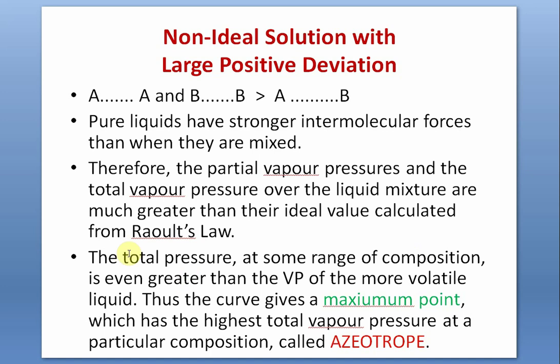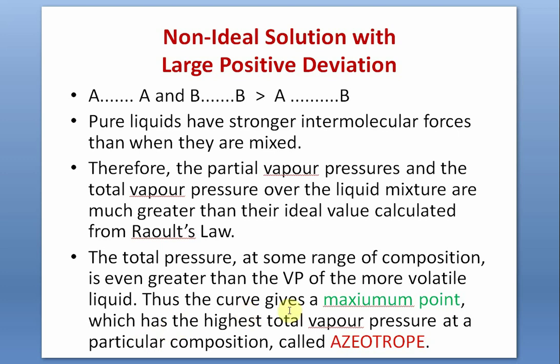Therefore, the graphs appear above the respective straight lines, and they show a distinct maximum point, a range. The total pressure at some range of composition is even greater than the vapor pressure of the pure volatile liquid we have taken as B. So don't always memorize that B is always more volatile.